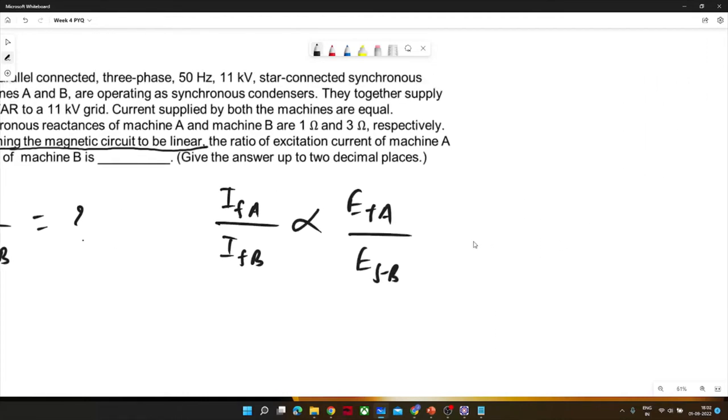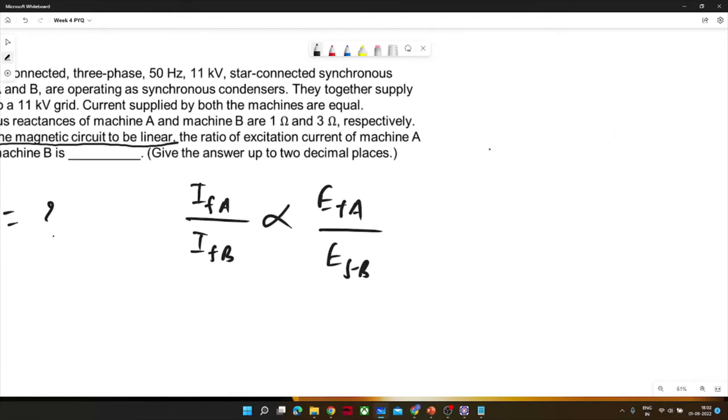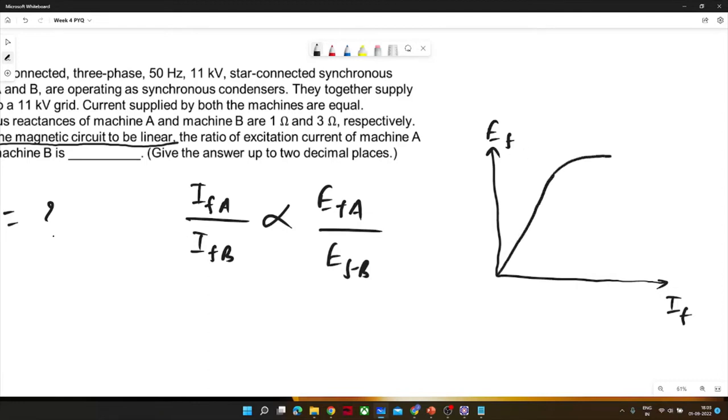What I mean by this is, if you plot the OCC curve, EF versus IF, the open circuit characteristic, it would be linear. We are not considering saturation in the problem, so we can consider that it is linear.